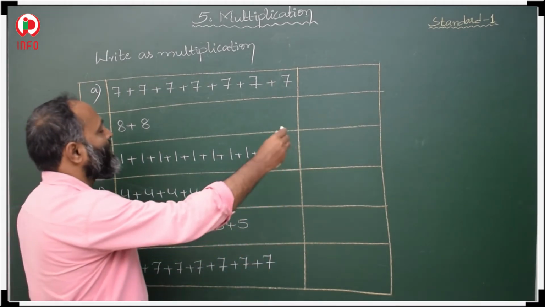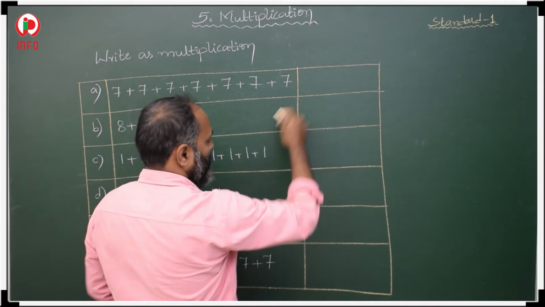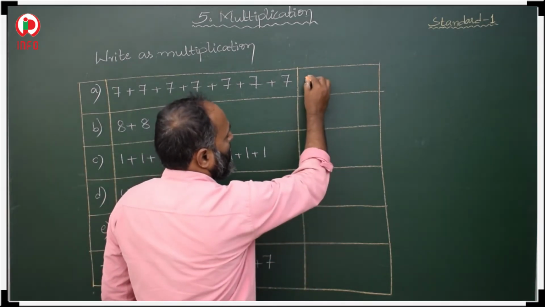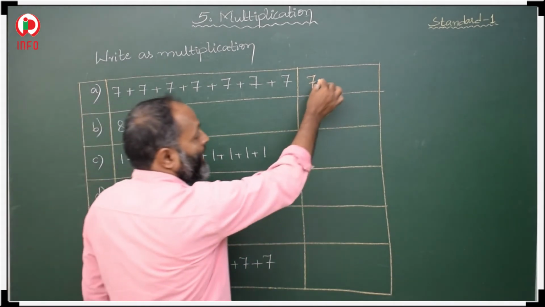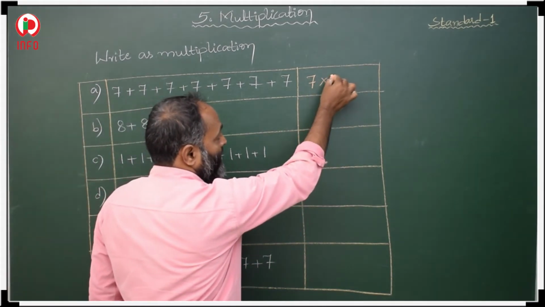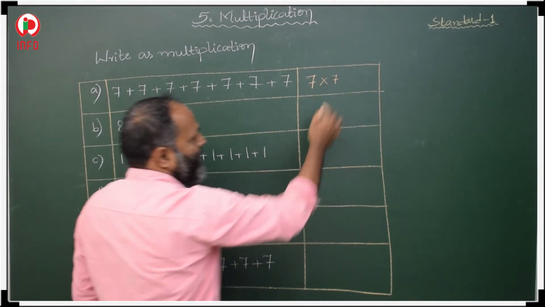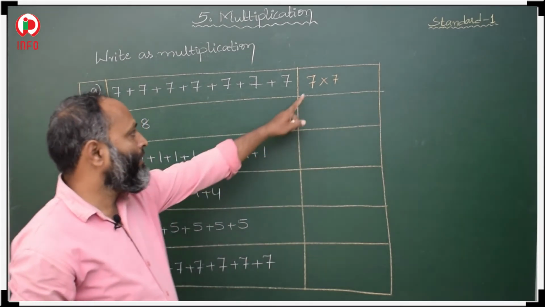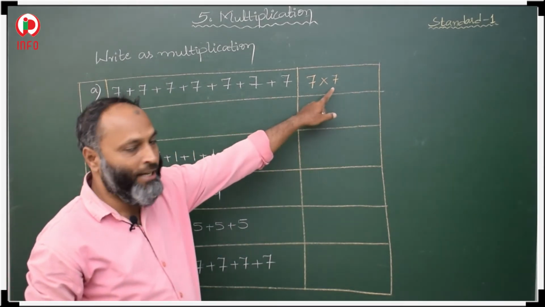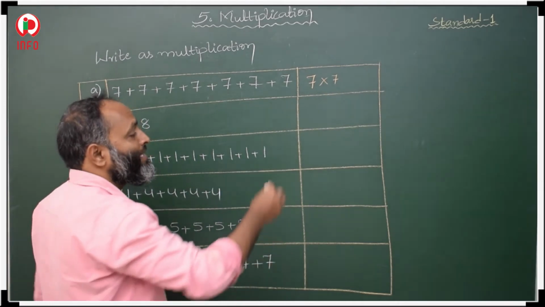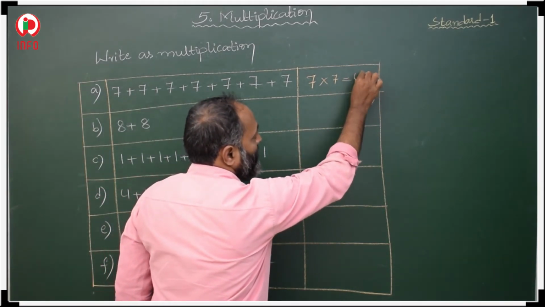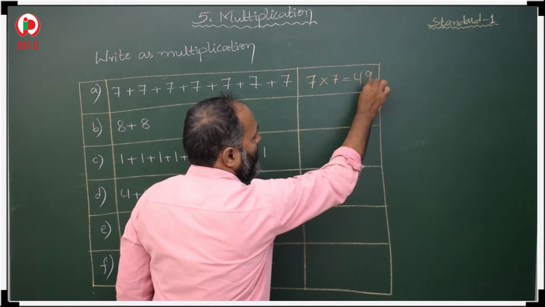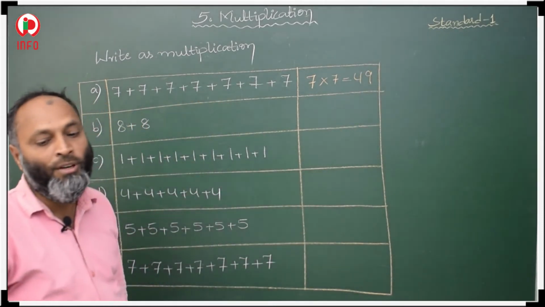Then how can we represent it as a multiplication? 7 is added 7 times, so 7 into 7. 7 sevens are how much? 7 sevens are 49.